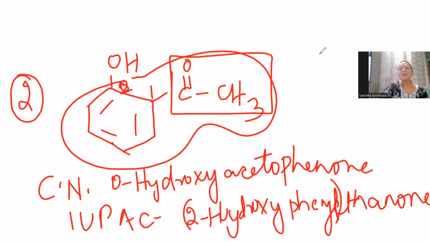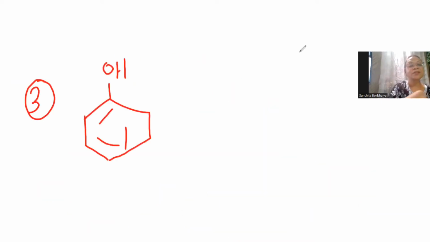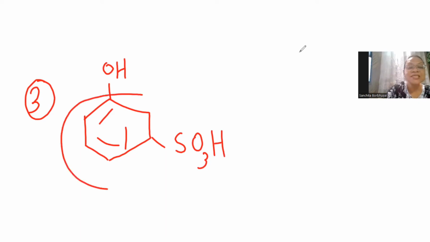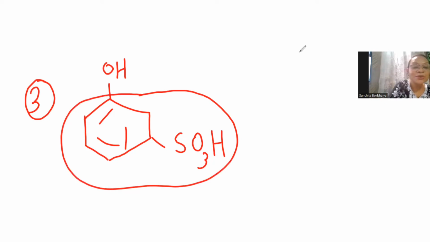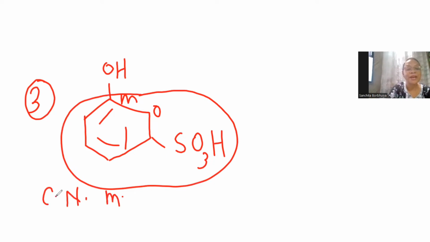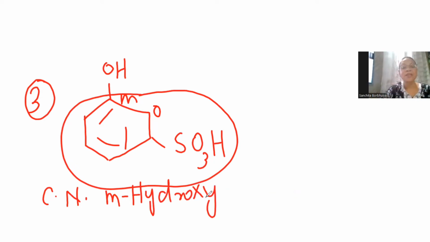So going on to the third compound. Let me put an SO3H group, which is higher in priority compared to OH. So this is a sulfonic acid. So this is ortho, this is meta. So in the common names, what is discussed is in terms of ortho, meta, and para. So this is having the common name meta-hydroxybenzene sulfonic acid.